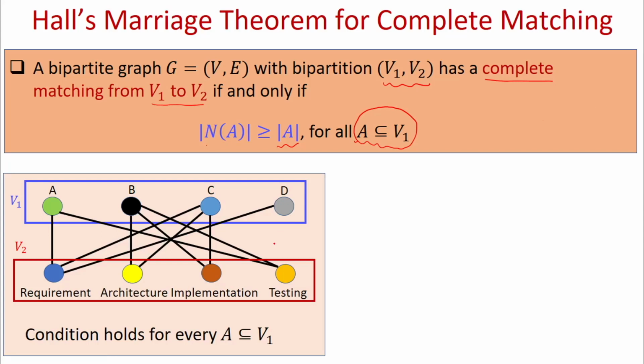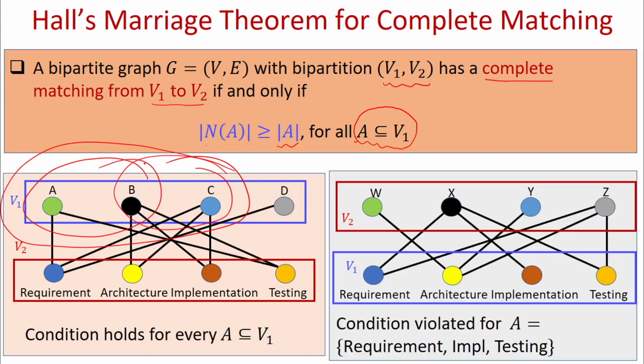This is because you take any subset of V1, you take either AB, or BC, or ABC, you take any subset, it has either the same number of neighbors as the number of nodes in the subset that you are taking, or more neighbors in the other subset in your bipartition. But if you take this graph, graph G2, right, then this condition is violated.